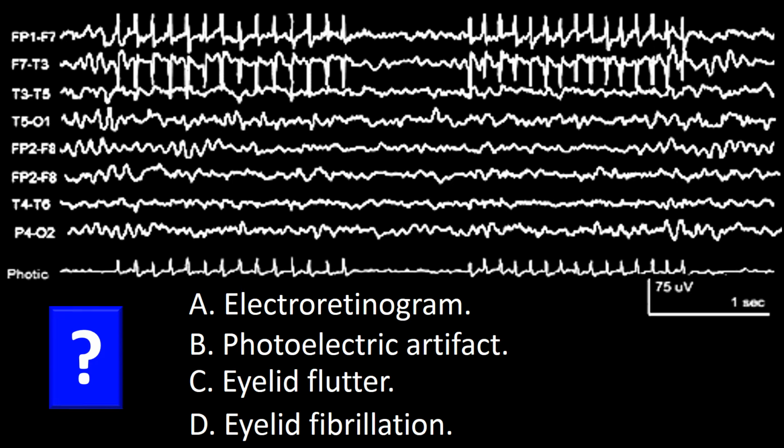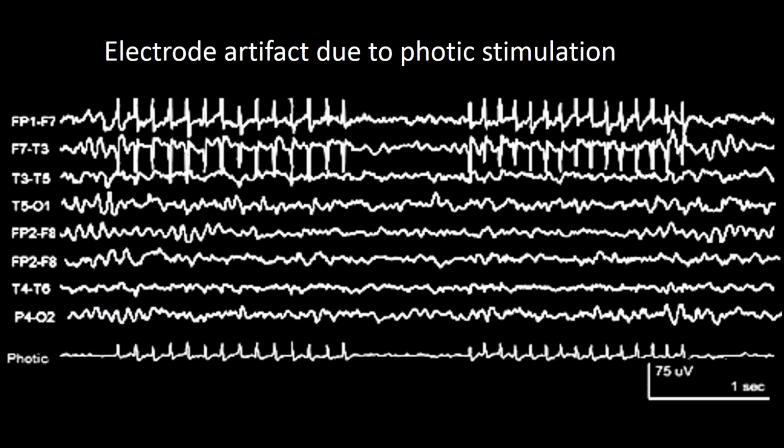Please look at this epoch and try to decide the best answer. A. Electroretinogram. B. Photoelectric artifact. C. Eyelid flutter. D. Eyelid fibrillation. This epoch is an example of photic trigger electrode artifact. Photic stimulation is being done and a unilateral F7 artifact is present.